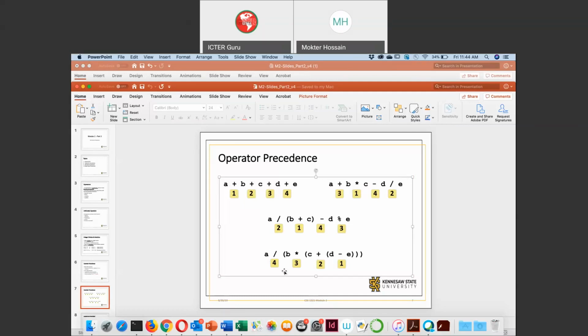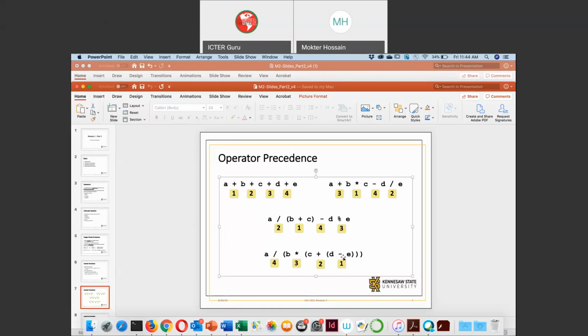So in this expression, we will do d minus e first, because d minus e is enclosed in a parenthesis. The inner parenthesis has the highest precedence. So although we have division and multiplication signs, we will do this one first.